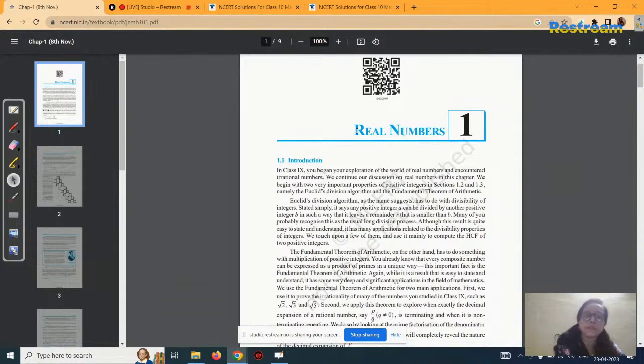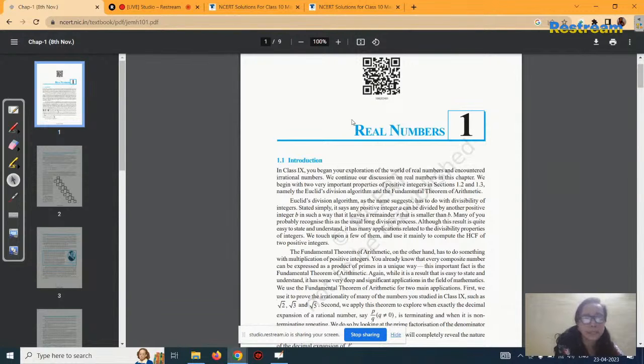And last year, that is in 9th standard, we have learned many things. We also learned how to represent the irrational number on the number line. Do you remember how we can represent root 2 on the number line, root 3 on the number line, etc.? Many things we learned in the first chapter itself in 9th standard, right?